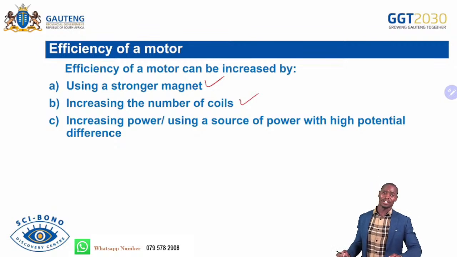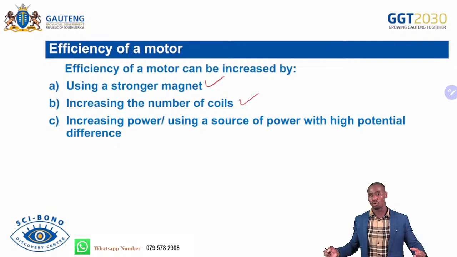When it comes to generators, it's about the induced EMF. All right. So please do not confuse the functions. Yes, we understand that when it comes to an AC generator, AC motor, there are slip rings. But what is the function of slip rings when it comes to generators? What is the function of slip rings when it comes to motors?